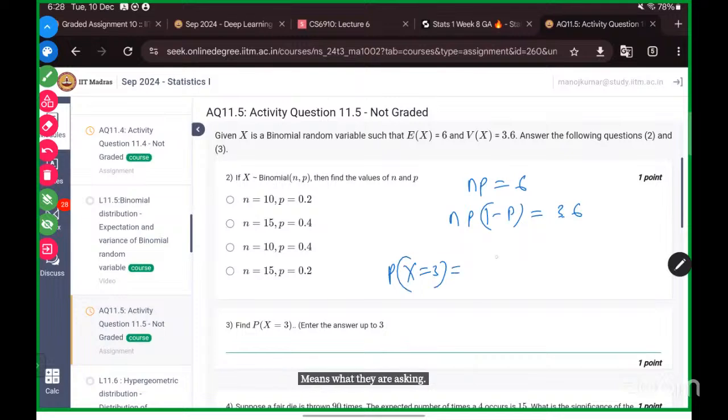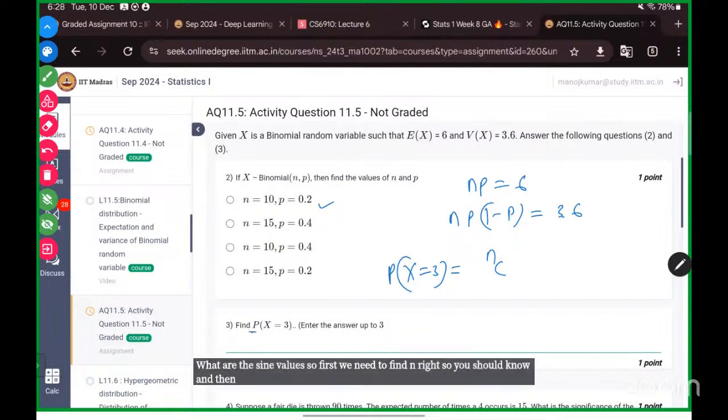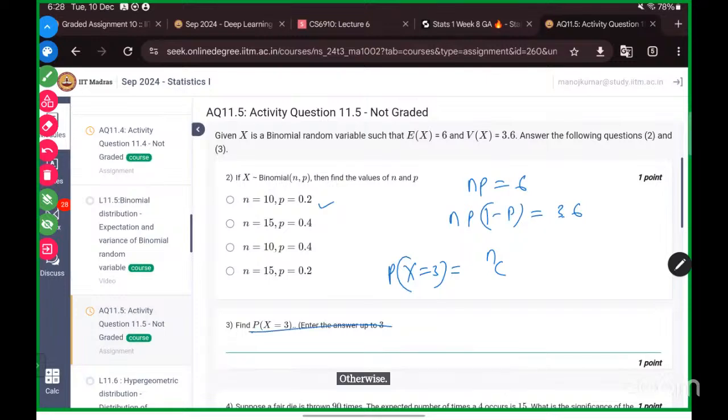They are asking for nCx, whatever this n value is. So first we need to find n, right? You should know n, then only you can do this. How will you find it? From this, 6 is given here, and 1 minus p is 33.6.